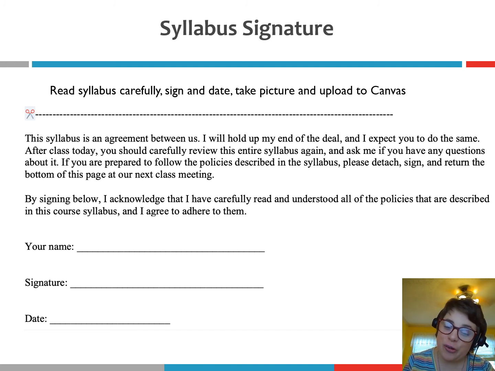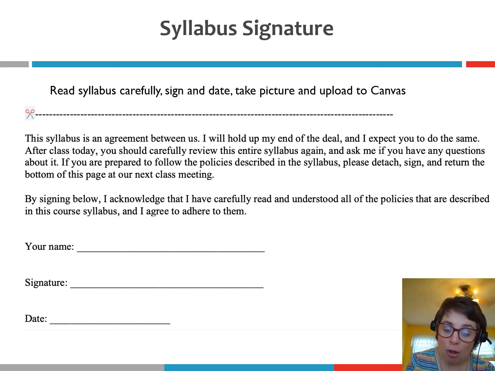But you also, right, have to acknowledge that you have received this information and that you understand it, and that you will not deviate from what I require of you. Okay? So this is just kind of our formal agreement of that. So what I would like you to do is read the syllabus very, very carefully, and also take note of the information that is in the syllabus, right?